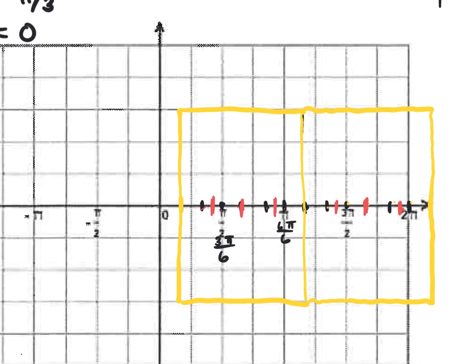So that's what we're going to start at. So we're going to graph this high, middle, low, middle, high, middle, low, middle, high. And then just connect into a curve.